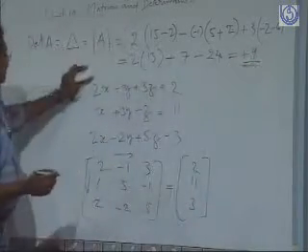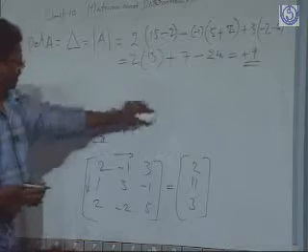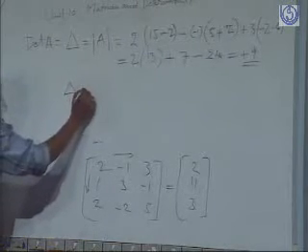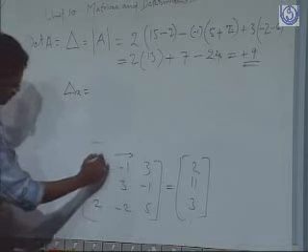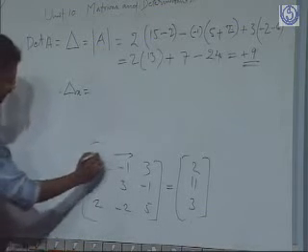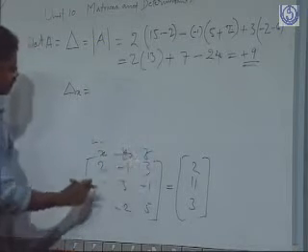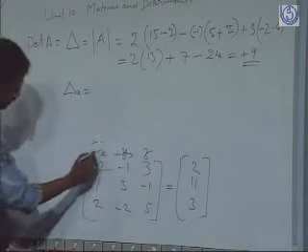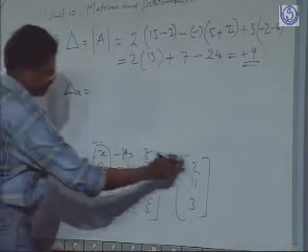Like that we have to find delta x also. As I just told you, when we are finding delta x, you can say it for x, y and z. So at delta x, in the delta x place, we have to replace these elements with these elements.